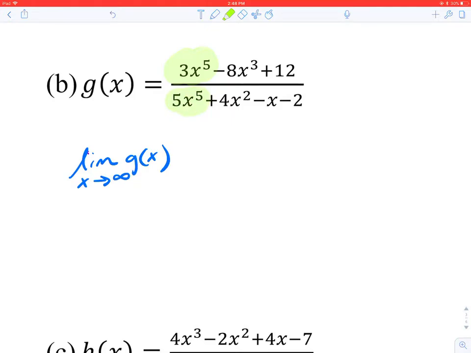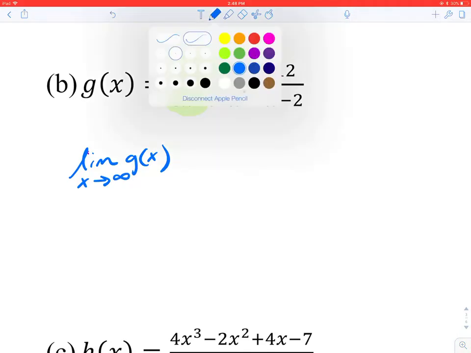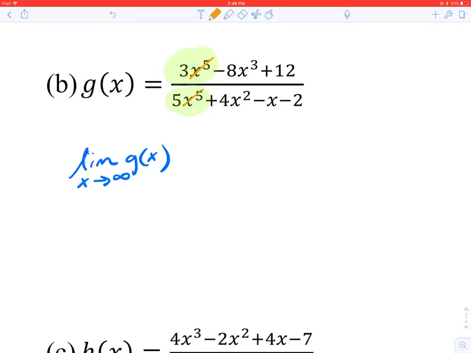So we can really focus in on the two terms, the leading terms of the numerator and denominator. And notice that because we have x to the 5th in the numerator and denominator, as x gets infinitely large, you think of them as canceling out.